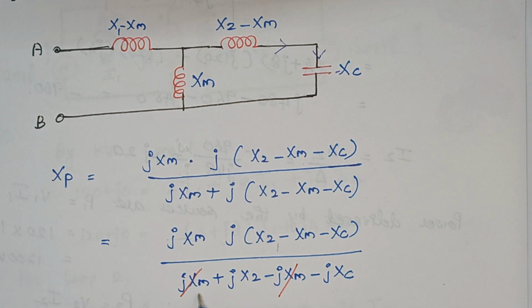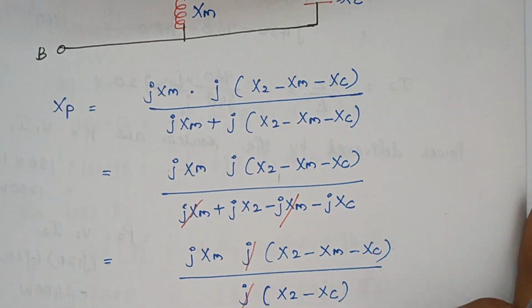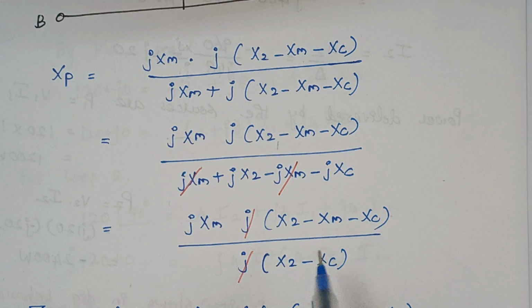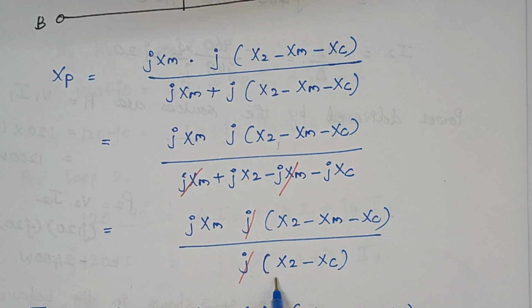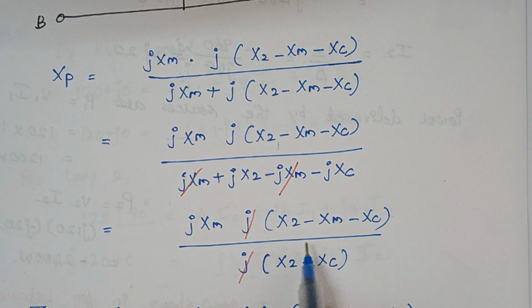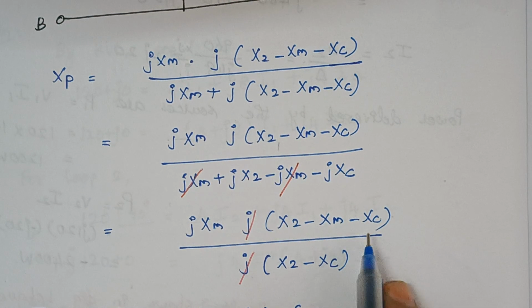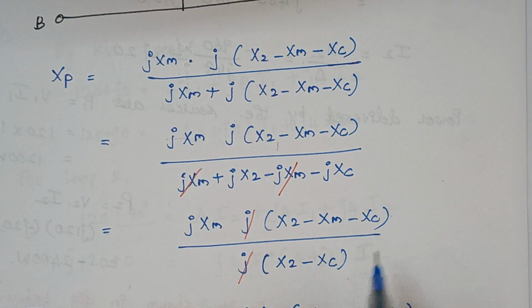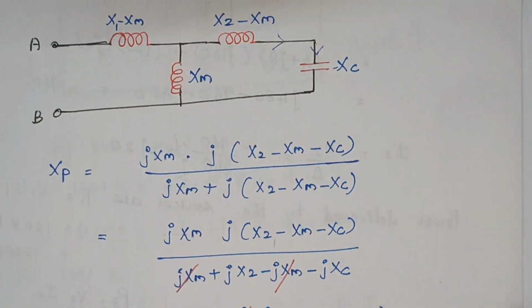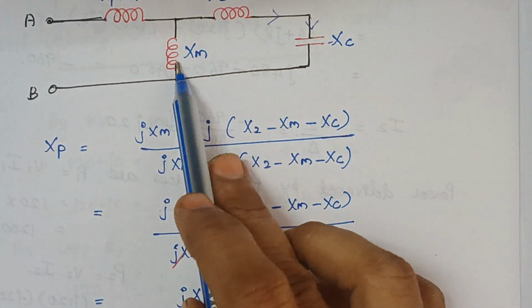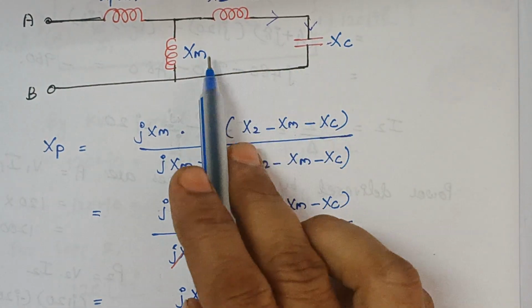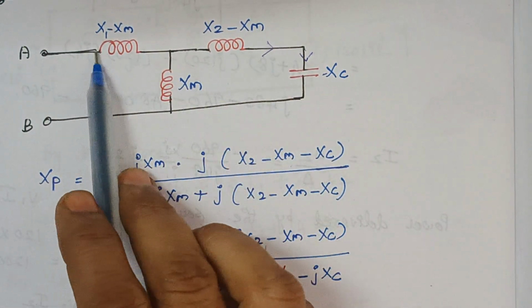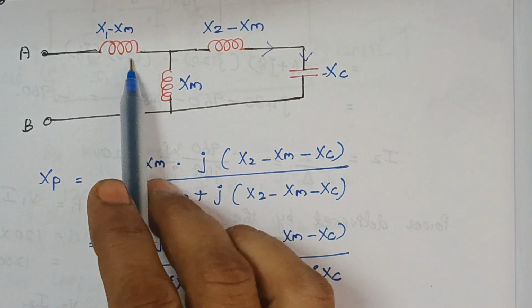When you multiply, these two terms cancel each other, and even the j term cancels, and finally we have an expression like this: jXm into X2 minus Xm minus Xc divided by X2 minus Xc. So we have combined these three things together as a single reactance. Now that reactance comes in series with this reactance.